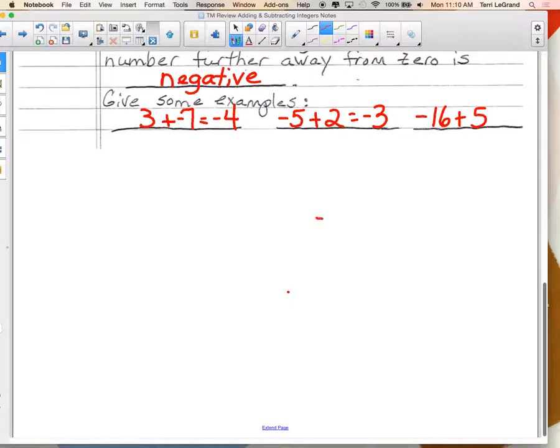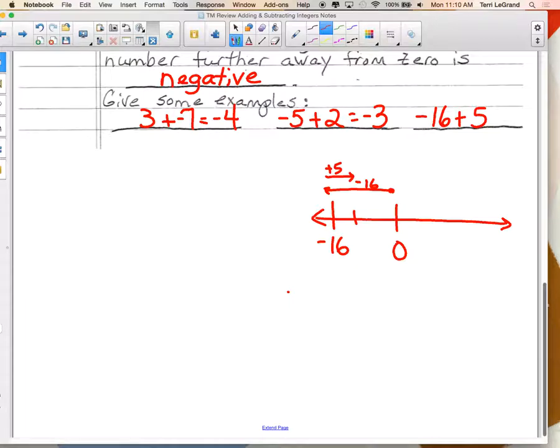But on the number line, Sylvia, can you tell me how much overlap will there be? I'm just going to have to do a little bit of cheating here. We're going to go this way, and then I'm going to go this way, and this is my negative 16, this is my plus 5. How many units of overlap are there? 5.